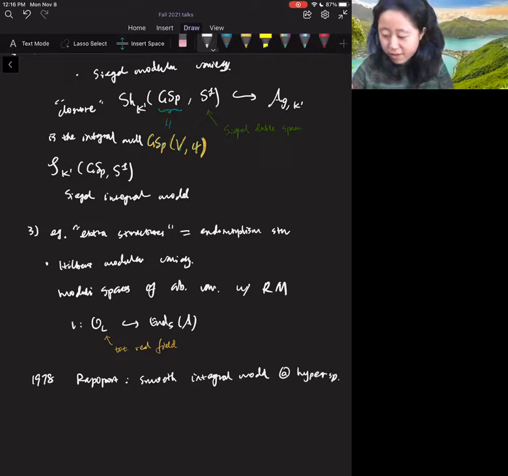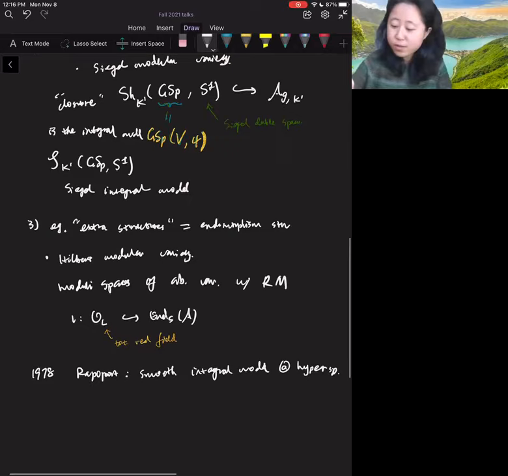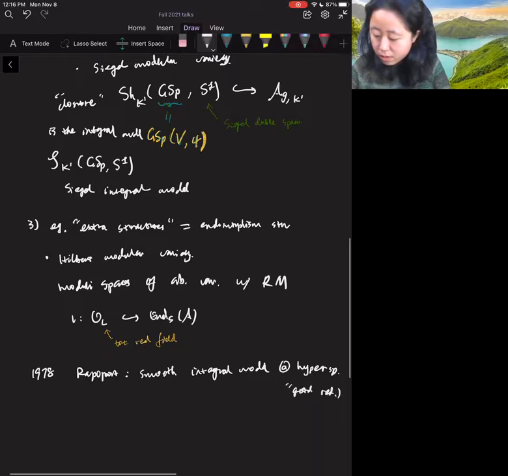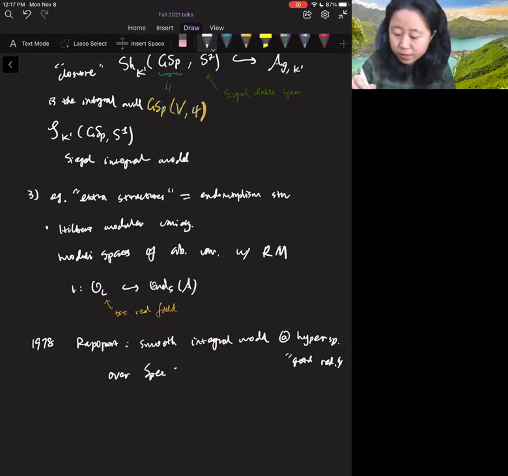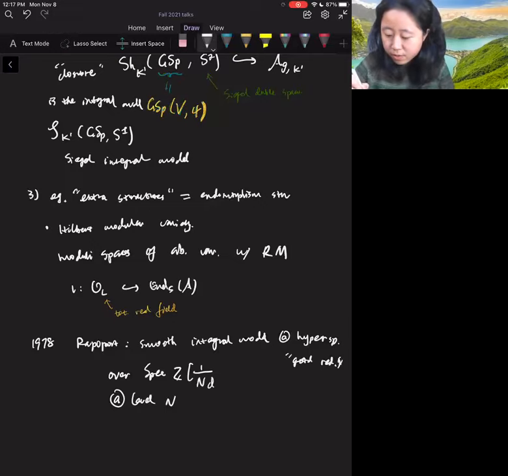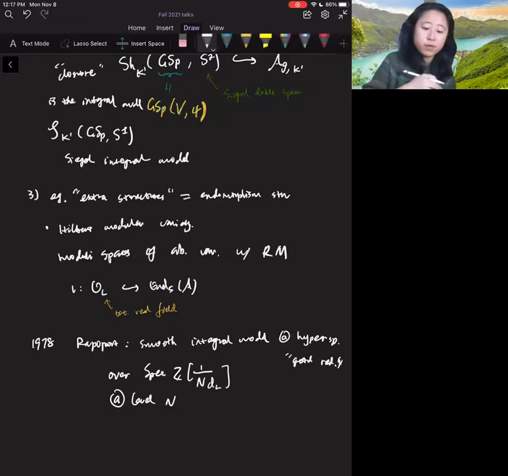Don't worry about what this means, it just means your Shimura variety has good reduction. And moreover, these are smooth integral models over Spec of Z. And sorry, if you're at level n, let's say, then you have to invert n, your level, and also the discriminant of your totally real field.